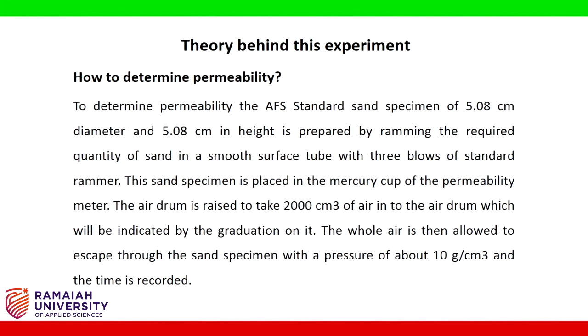This sand specimen is placed in the mercury cup of the permeability meter. The air drum is raised to take 2000 cm cube of air into the air drum, which will be indicated by the graduation on it. The whole air is then allowed to escape through the sand specimen with a pressure of about 10 gram per cc and the time is recorded.